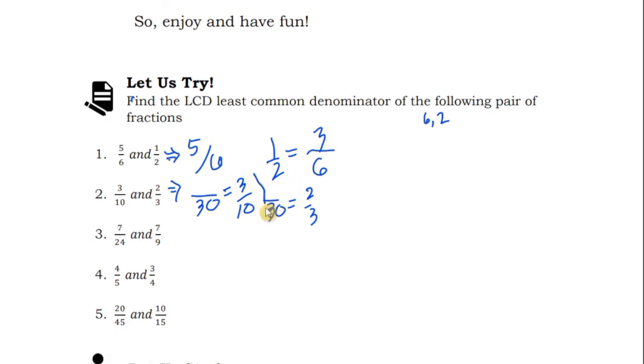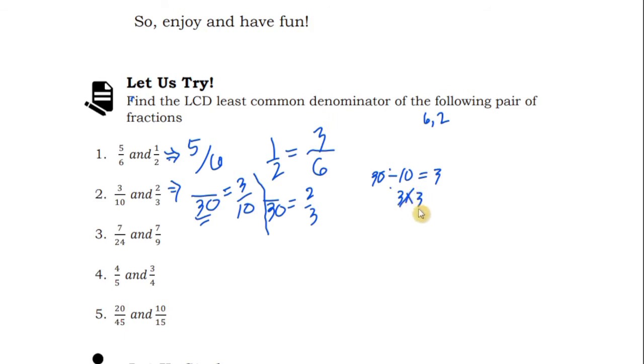So we make 3/10 equivalent to a fraction with denominator 30. We have 30 divided by 10, which is 3, then followed by 3 times 3.